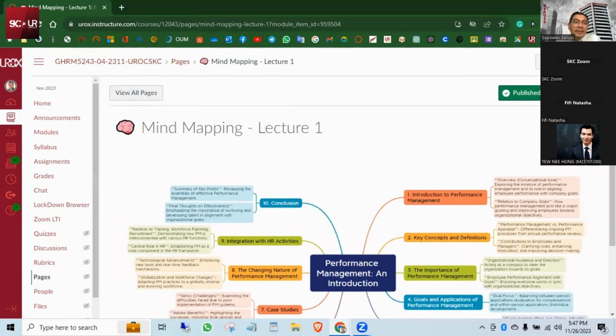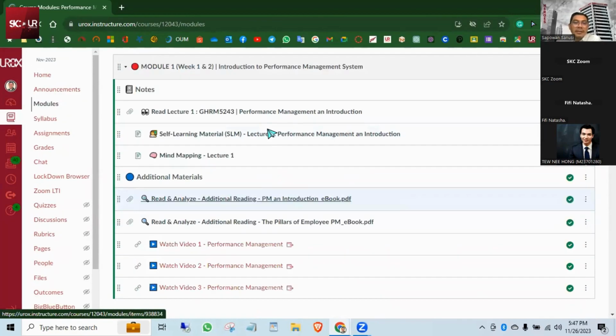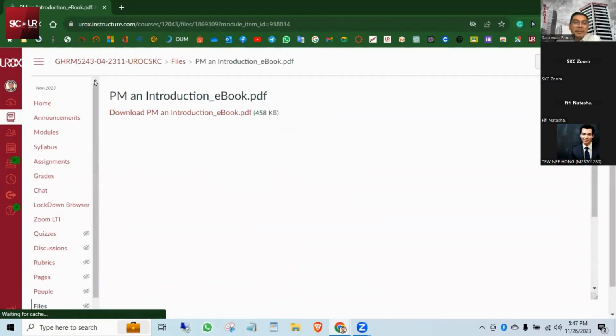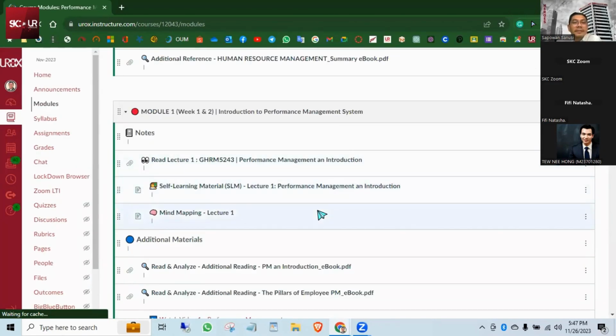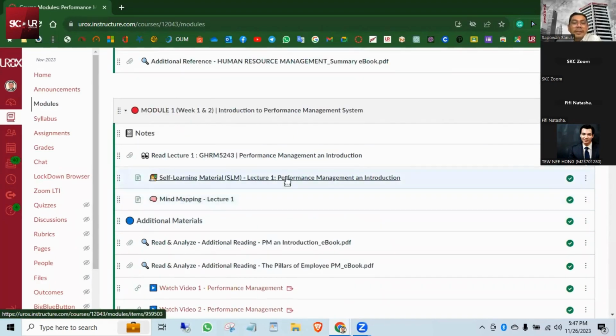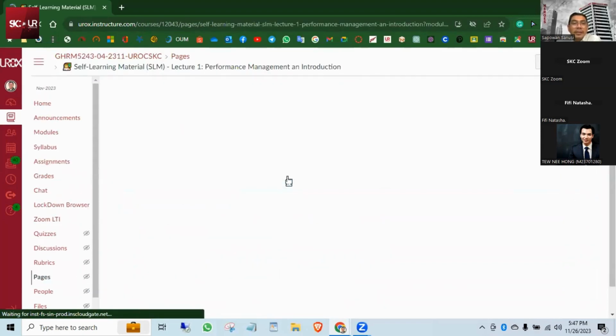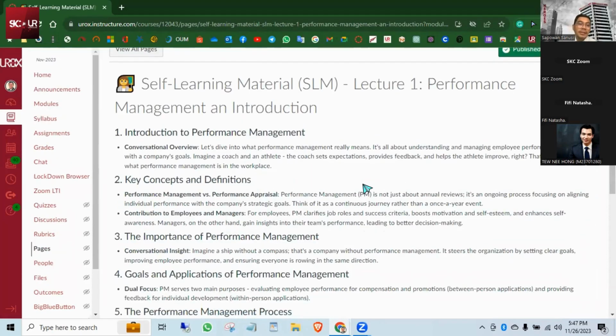And then a bit about the lecture note instruction. About the lecture note brief. So this self-learning material is helping you to get focus when you try to understand certain terminology, certain theory, what the concept is.